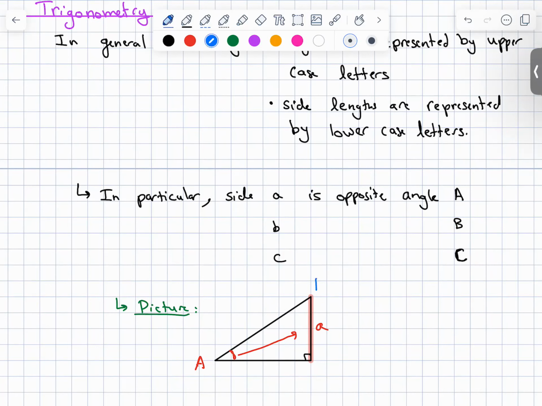Similarly, this is angle B up top here. And this means that the bottom is side length b, because you can draw a line straight out of B and it will touch that bottom side length.